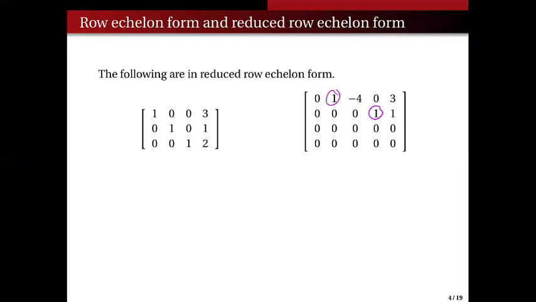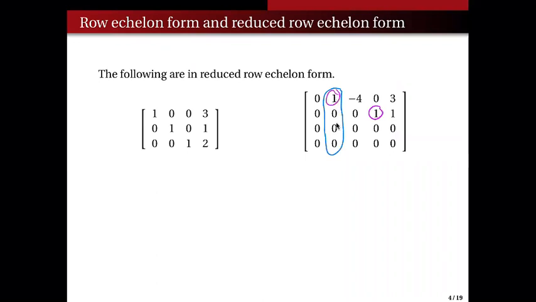Now, these are reduced row echelon form, so let's check if it's true. We check column-wise. This is a leading one. We look at the column of that leading one. This is 0, this is 0, this is 0.